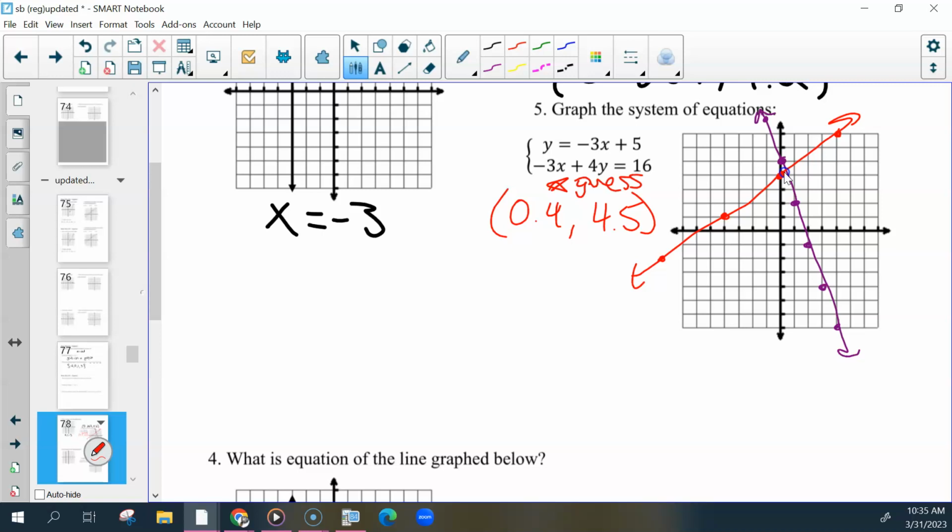But because you have Desmos, you can find the exact answer, so I would want you to find the exact answer after you've made a guess. Questions on that one? Go ahead and pass your SharkBite answer sheet up to the next table.